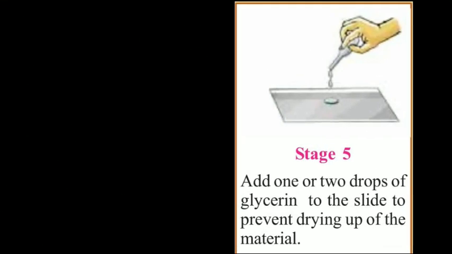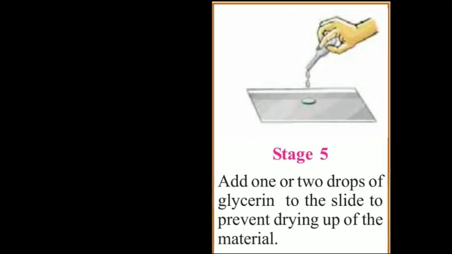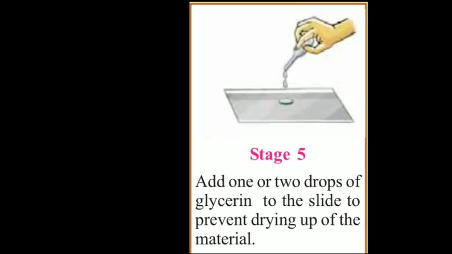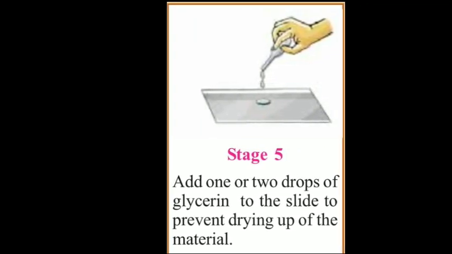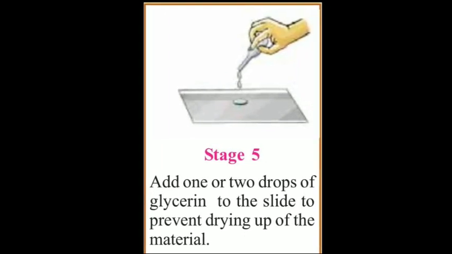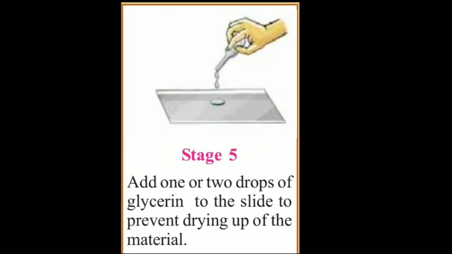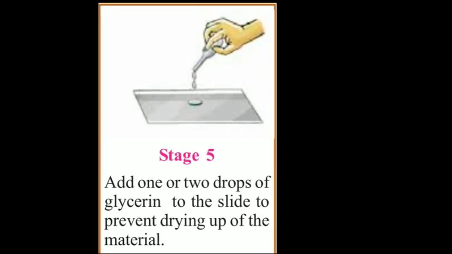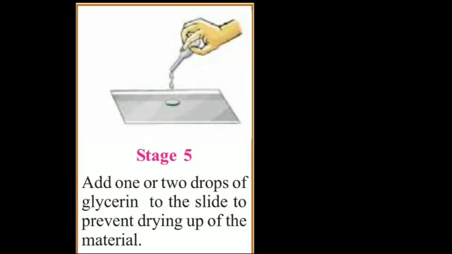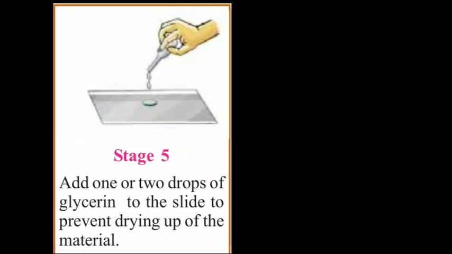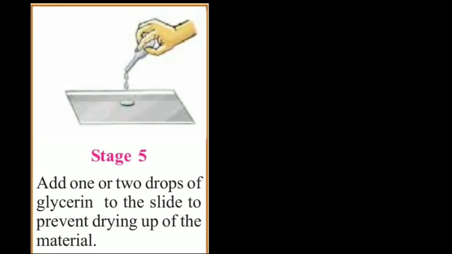Then add one or two drops of glycerin to the slide to prevent drying up of the material. There may be a chance of this material drying up, and we want to prevent that drying by adding glycerin.